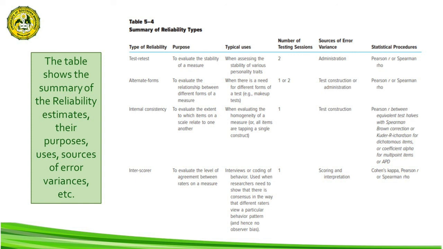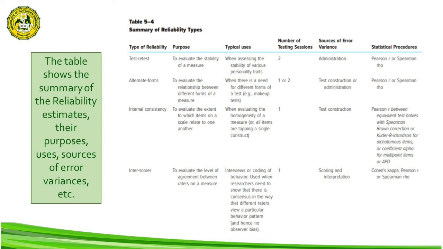So, ang purpose ng internal consistency is to evaluate the extent to which items on a scale relate to one another. So, yun na nga. So, yung use niya is to when evaluating the homogeneity of a measure. So, if all items ba ay related ba siya to each other? Or iisa lang ba yung construct nila, ganon. So, more of homogeneity later.